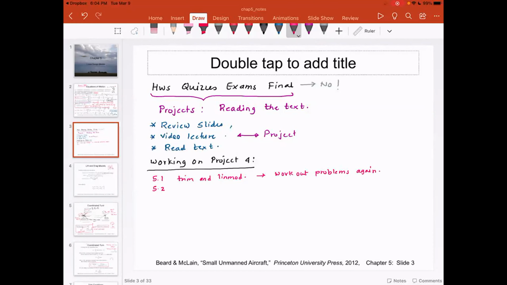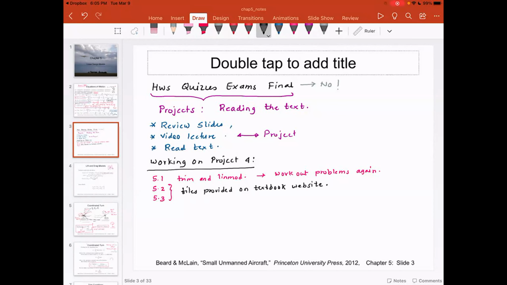Then 5.2 and 5.3. These parts depend on whether you are going to use the files provided on the textbook website. You can follow this approach, and again, either approach is fine.